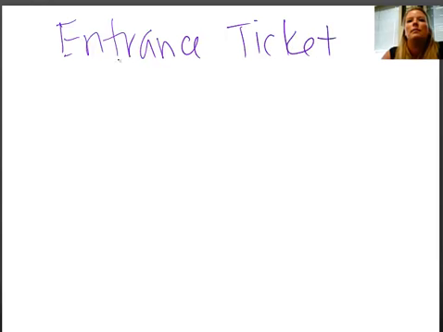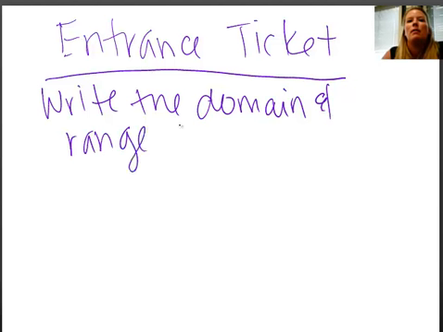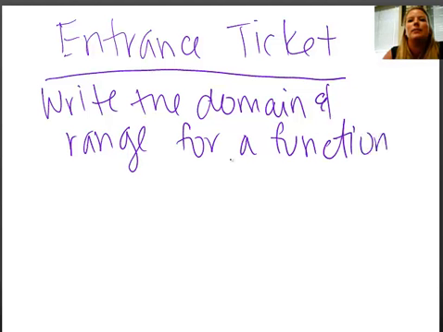So our entrance ticket is going to say, I want you to write the domain and range for a function, meaning it has to have no repeating x values, you create.